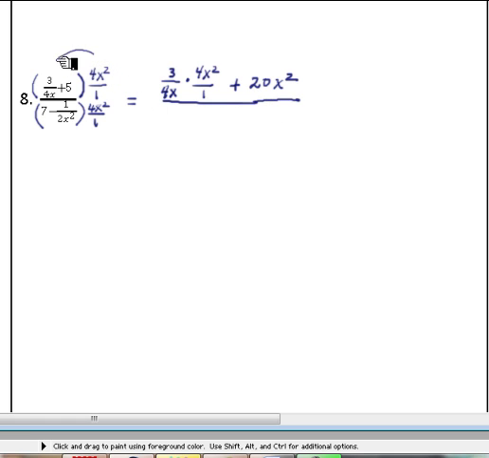So we just did the distributive law over there. And now same thing in the denominator. 4x squared times 7, I'll write 28x squared. And here I'm just going to write the fractions next to each other. Minus 1 over 2x squared, and then 4x squared over 1.